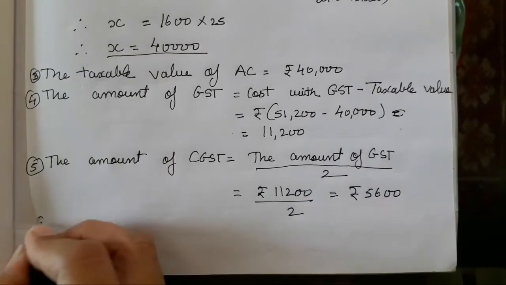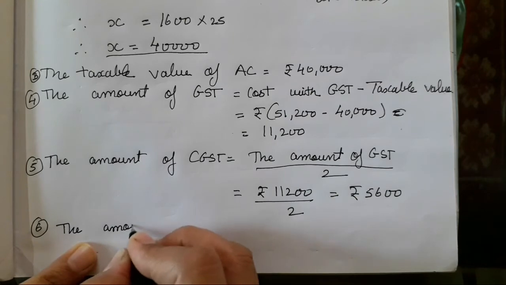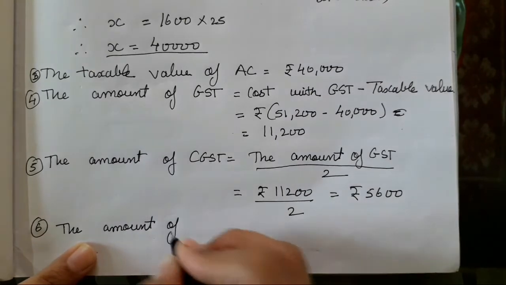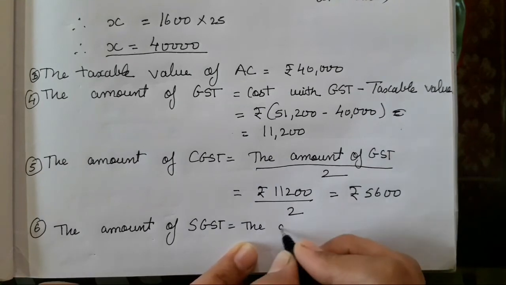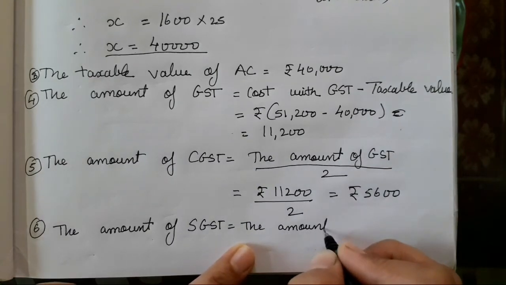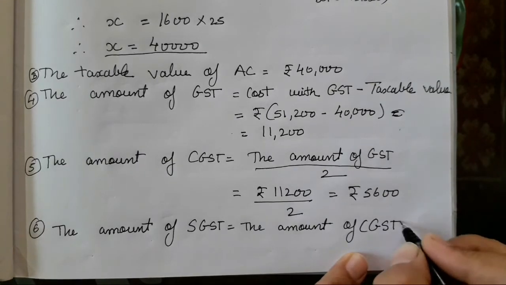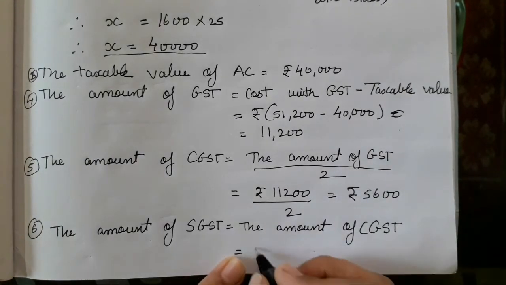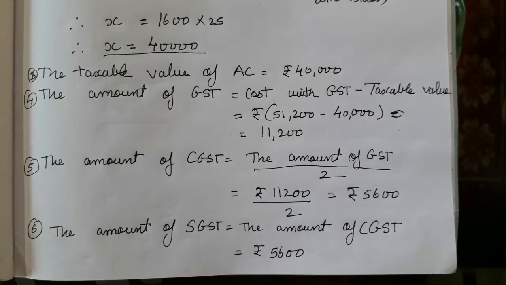Okay, now the last one answer is supposed to be the amount of SGST is equal to the amount of CGST. Okay, both the amount is going to be same, that is 5,600.